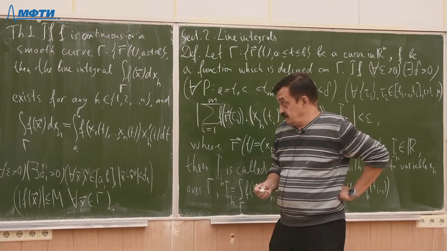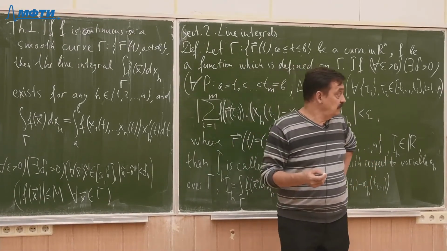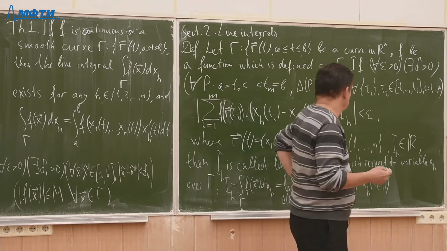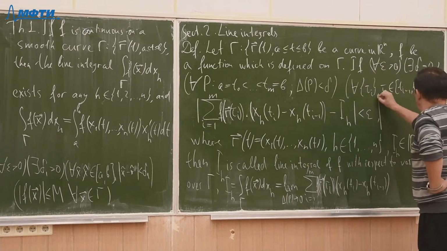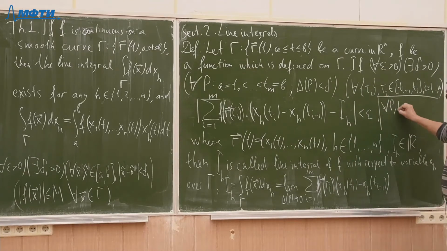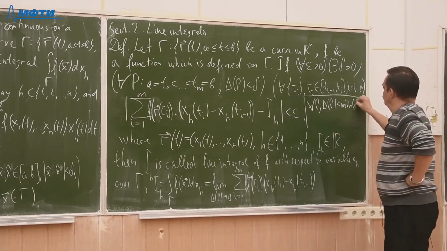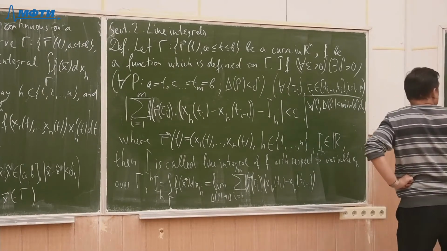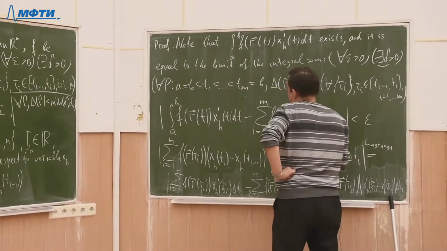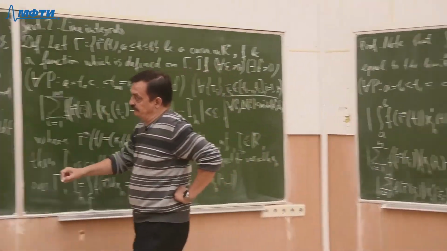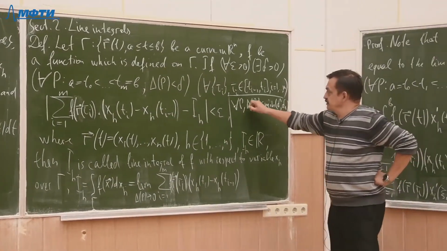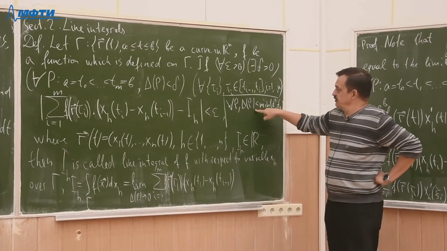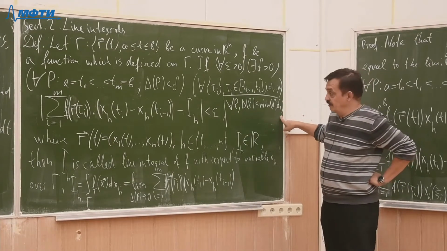And now look, if we take an arbitrary partition P with diameter less than the minimum of delta 1 and delta, then what happens?